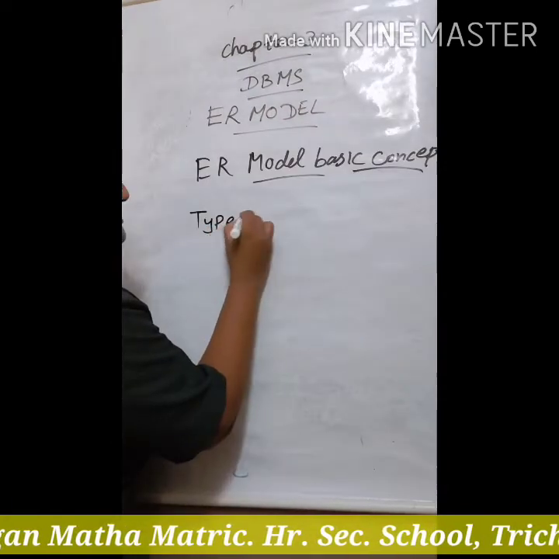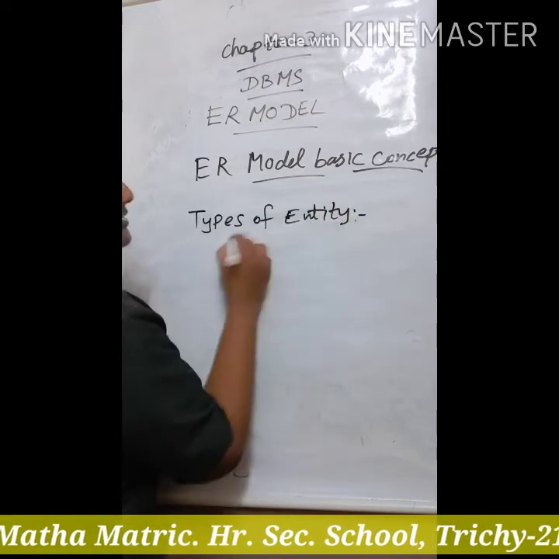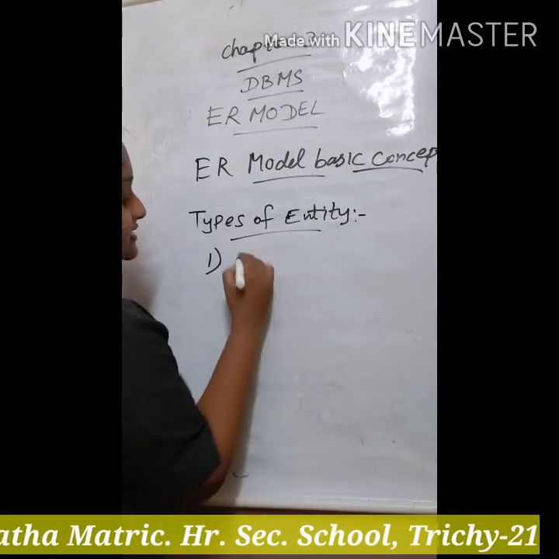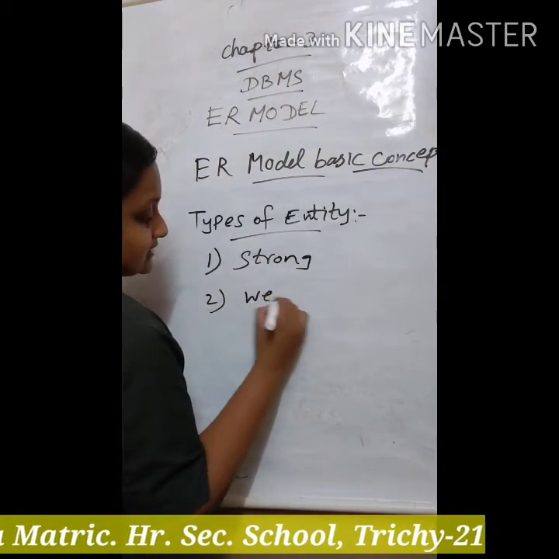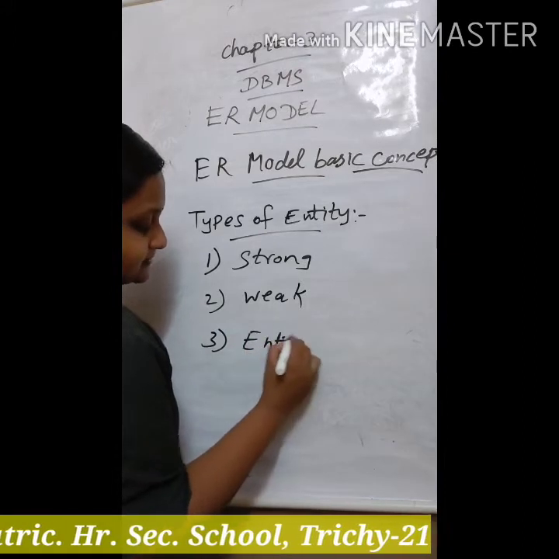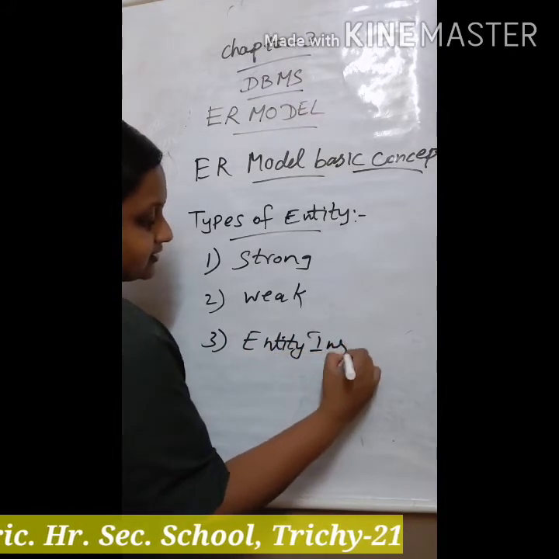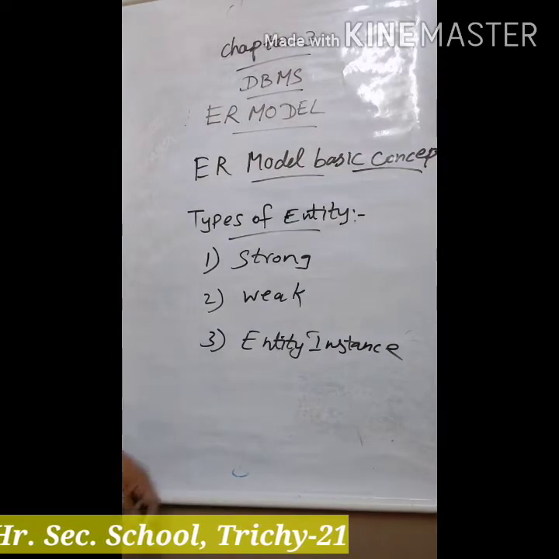Then the next one is types of entity. It has three types: strong entity, weak entity, and entity instance.